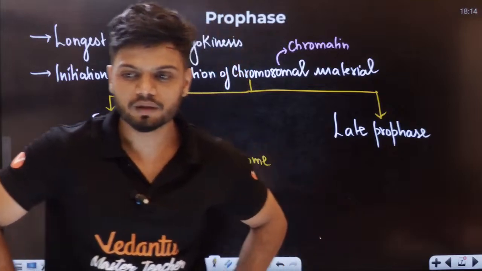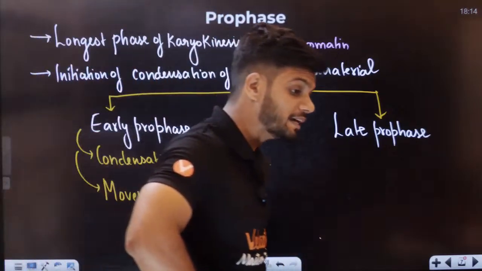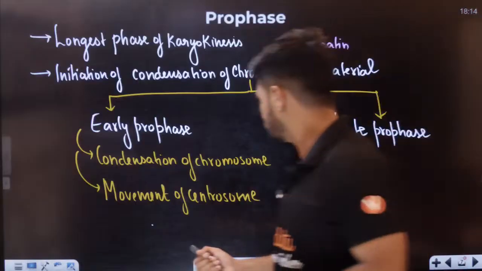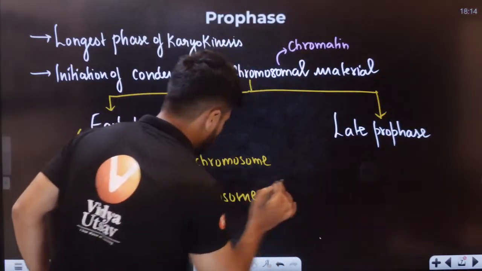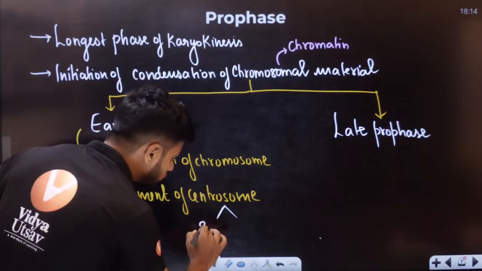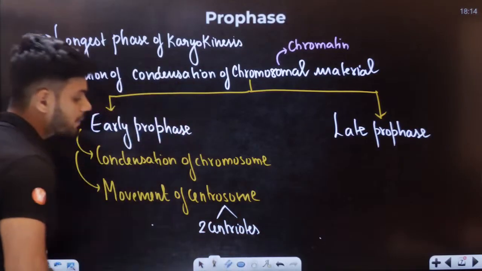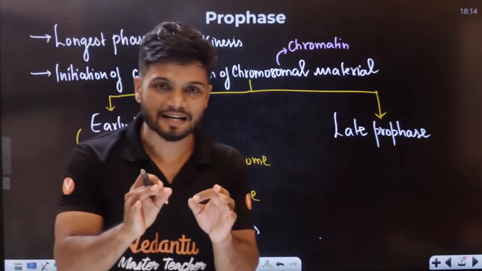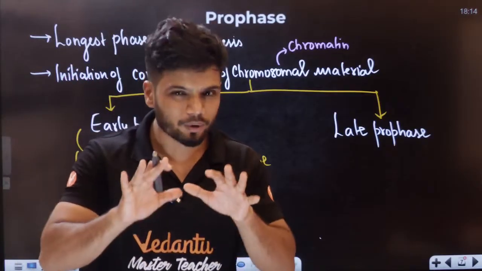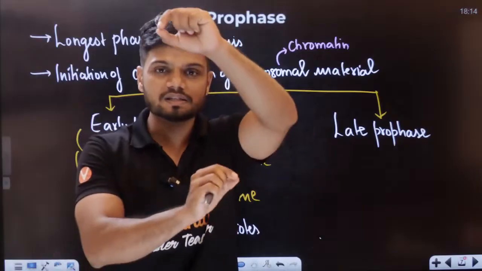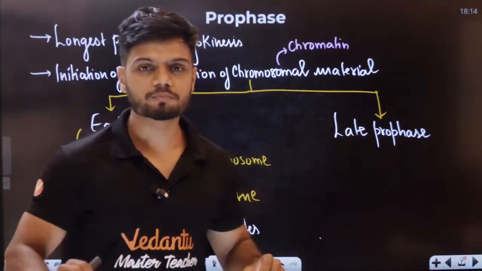Anyone in the chat who can tell me? If I am mentioning movement of centrosome, all of you should know one centrosome has two centrioles. So these centrosomes, which are present only in the case of animal cell, will start to move towards the opposite poles.